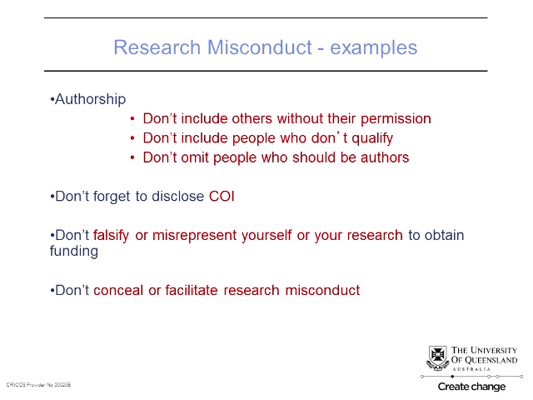Authorship. Research misconduct can include including other people without their permission. So putting someone on a paper because maybe, I don't know, they're a senior person and it might look good. Don't include people who don't qualify as an author on your paper. So don't give gift or ghost or guest authorship. And don't omit people who should be authors. So don't exclude someone because you had a falling out with them.